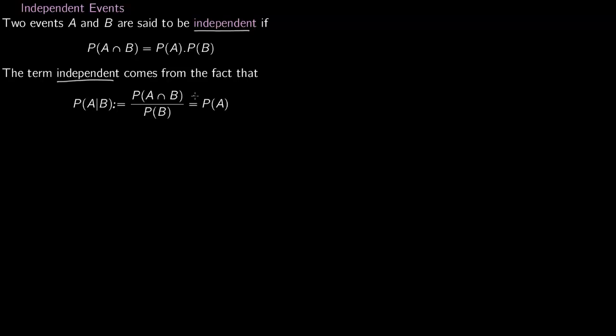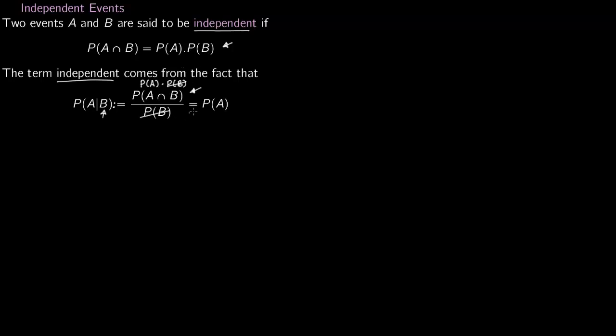So instead of probability of A intersection B, if you write this as probability of A times probability of B, then you can cancel probability of B out, you get probability of A. So that means if you condition A on event B, you still get probability of A. So having this B here did not make any difference to the probability of A, and that is why you say A and B are independent, because you can use this definition right here to get probability of A. So that is the origin of the word independent in probability.